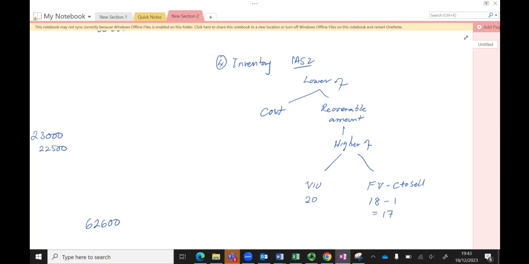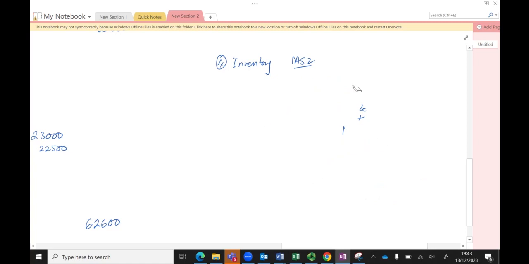So what I can do is ignore this one. I'll keep the calculation simple, and the original cost of the total inventory is 68,000. I will remove the value of the inventory whose value has dropped, which is 1000 into 20, 20,000.